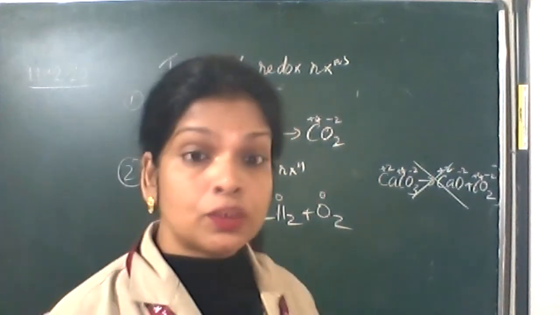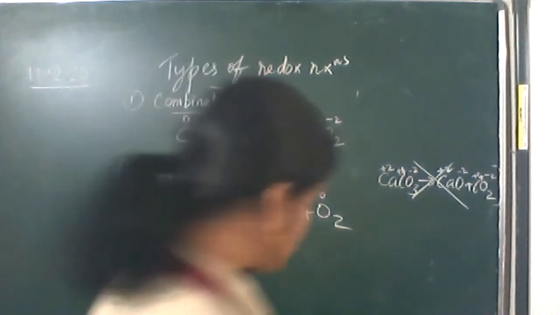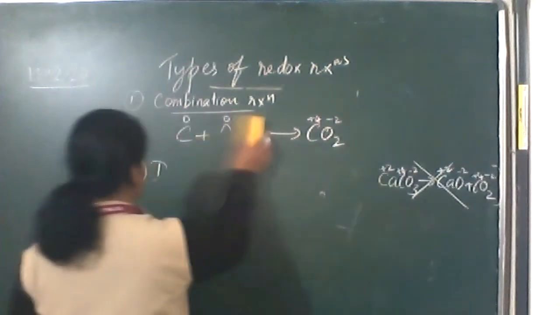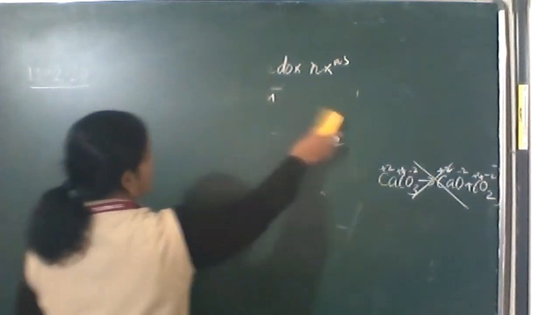Next is number 3, displacement reaction. Displacement includes metal displacement and non-metal displacement under the redox category.